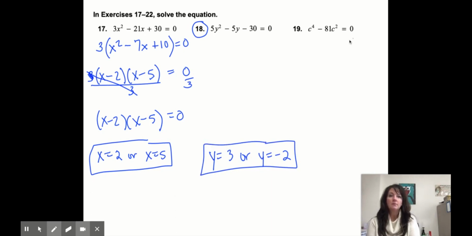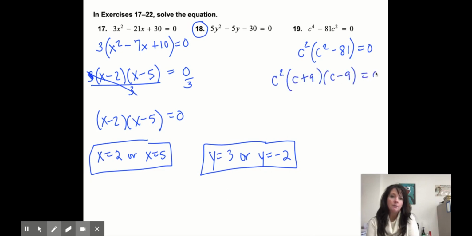Finally, this one, I don't have to rearrange anything, but I can factor out a c squared, and then I have c squared minus 81 is equal to 0. And this is the difference of 2 squares. So I have c squared times c plus 9 and c minus 9 is equal to 0.